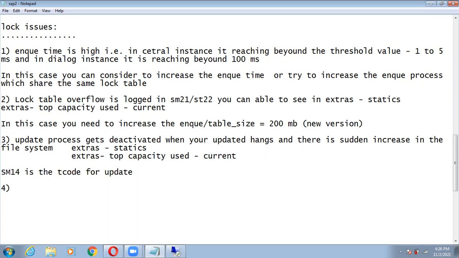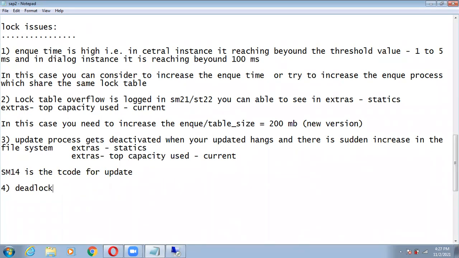So another issue is related to the deadlock. Whenever there is a deadlock in the system, there will be a sudden issue in the lock. Okay, the second one is the deadlock. Generally I told some examples of the deadlock.